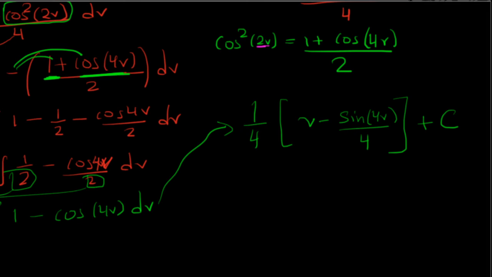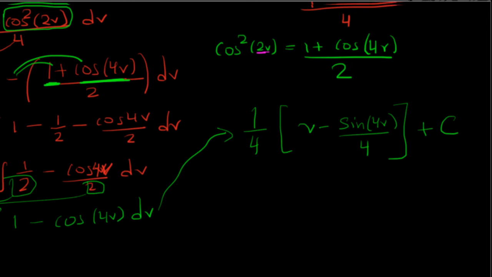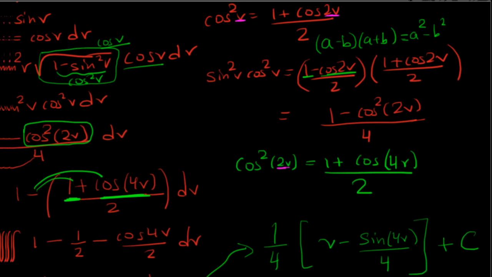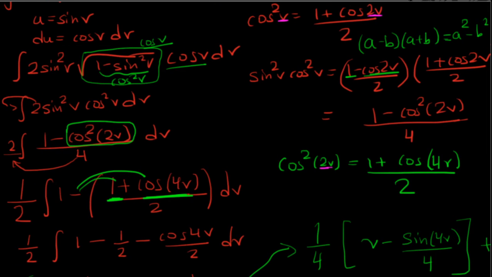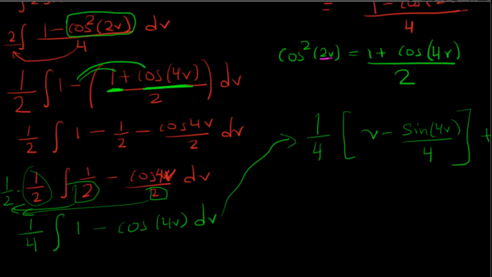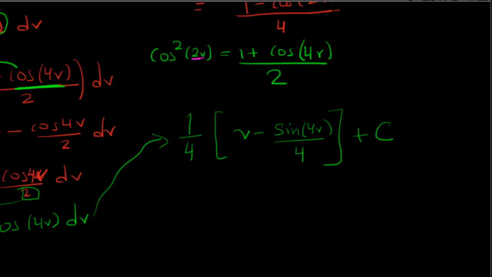Next, we want to replace the v's. So we made a substitution previously on the v, so let's go back. We said u is equal to sine v. So let's do some work here.